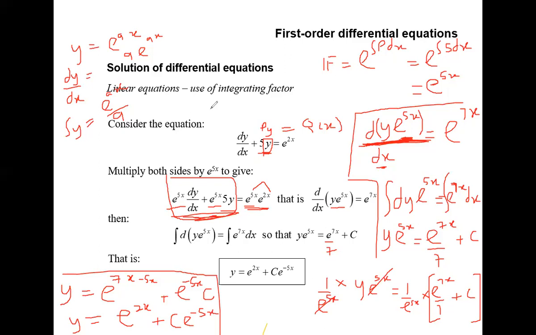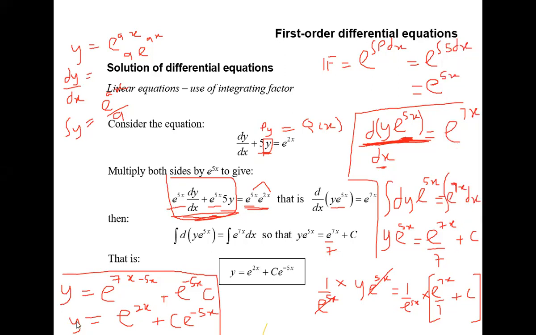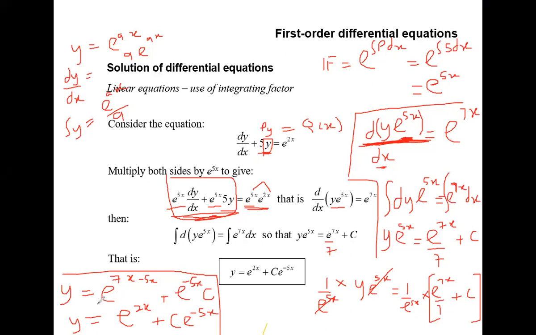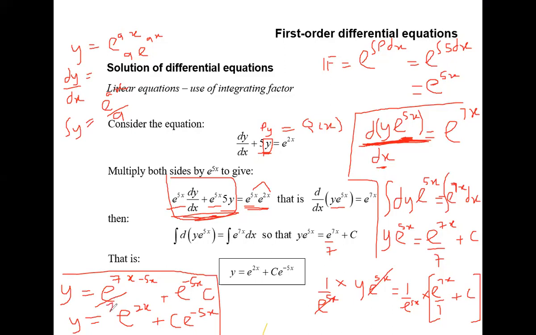Okay. Any other question? Yes, and I think there's something missing here. There should be a 7 here. Maybe that's what Debbie was talking about. So you have to bring the 7 here, and then this over 7 also here.